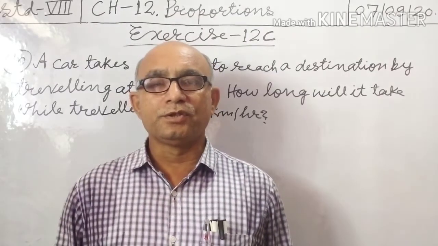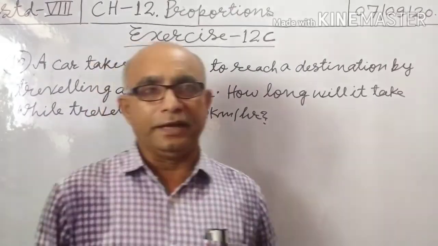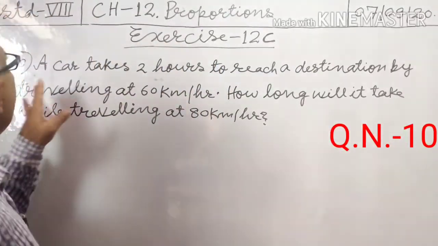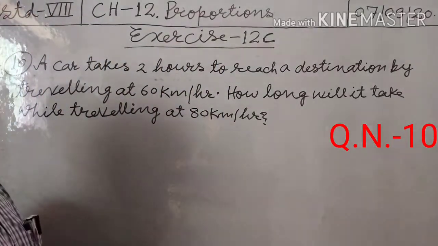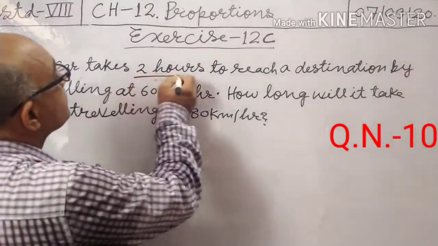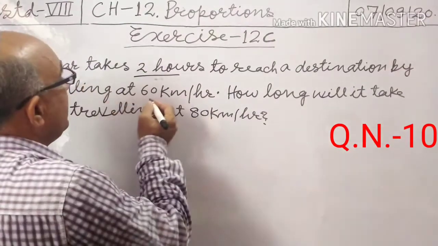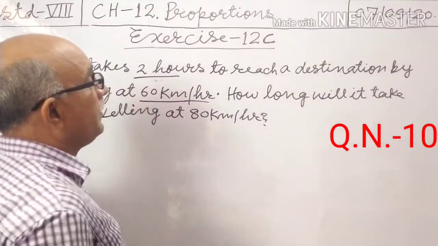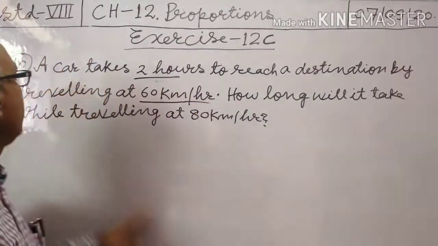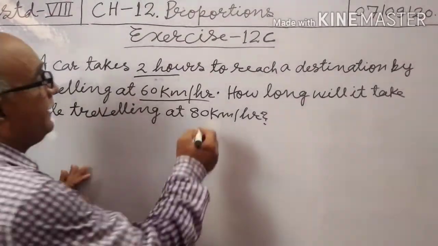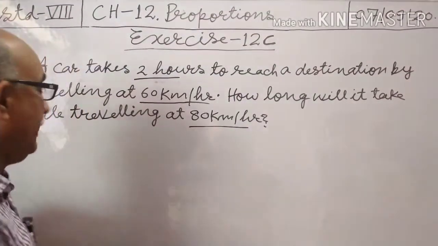Students, next question is question number 10. It is the last question also. A car takes 2 hours to reach a destination by traveling at 60 km per hour. How long will it take while traveling at 80 km per hour?